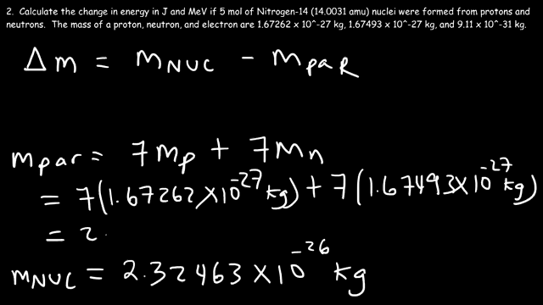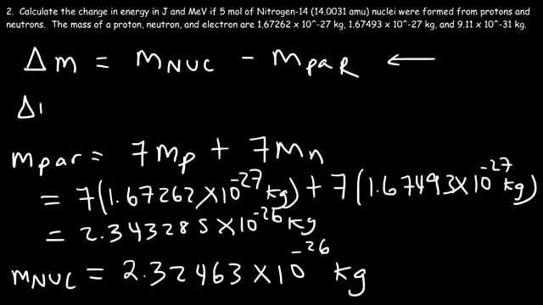So you should get this number, 2.343285 times 10 to the negative 26. So now let's go ahead and use this equation. So the mass defect is the difference between these two numbers.